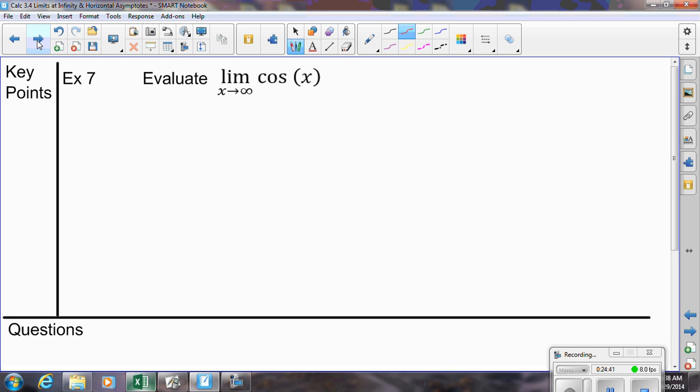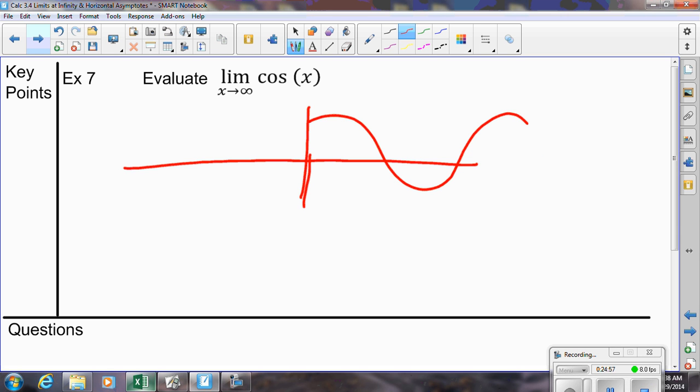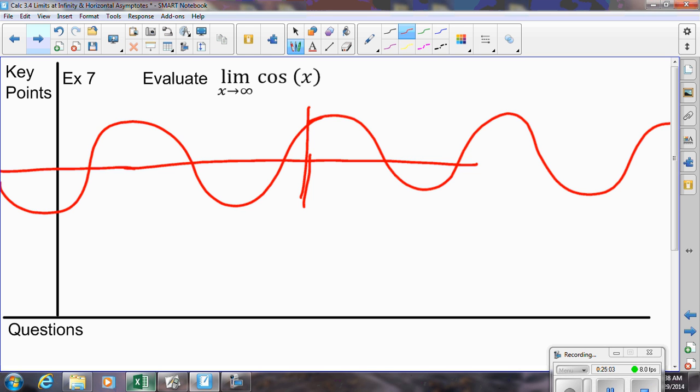Okay, what about this one? Instead of cosine 1 over x, what if it's just cosine of x? So keep in mind, what does the graph of cosine look like? As this pattern keeps going outward toward infinity, what number does it close in on?